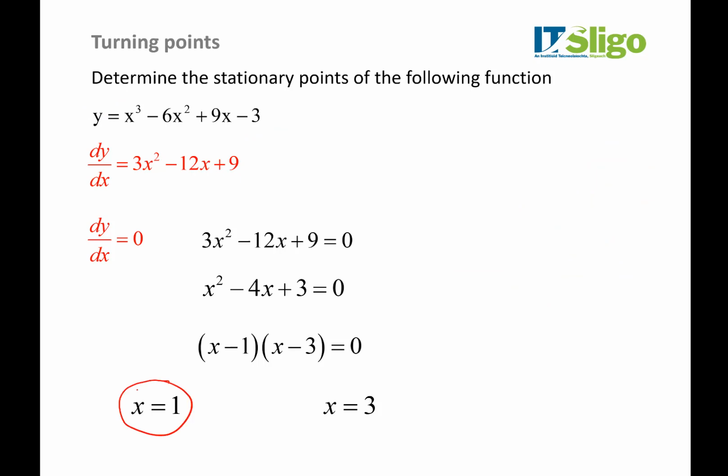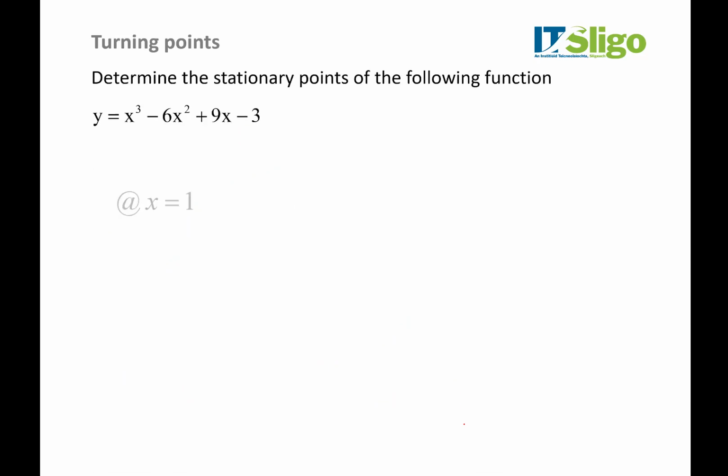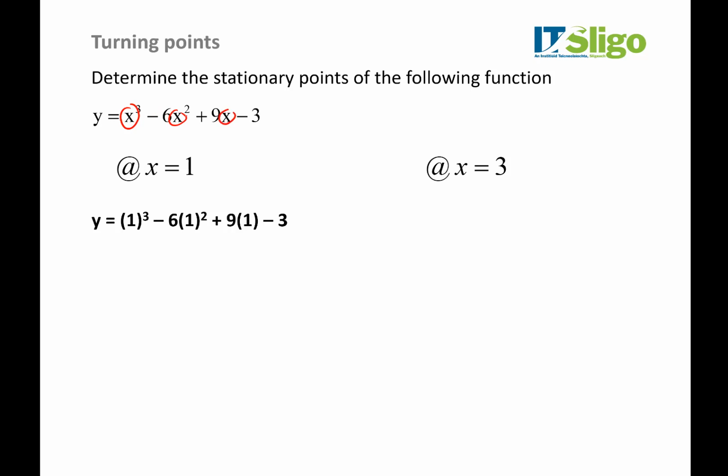We feed x is equal to 1 back into the original function. That'll give us 1 and a y value. And then we feed x is equal to 3, and that will give us another turning point. So at x is equal to 1, feed 1 in here for x.